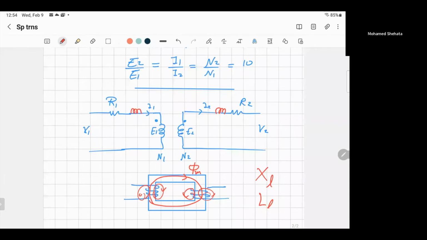So the mutual inductance is what we are interested in, and it will be translated to voltage production, but the leakage will have X1 and X2. So each coil has its own resistance and inductive reactance, of course, that will be jX1 and jX2.